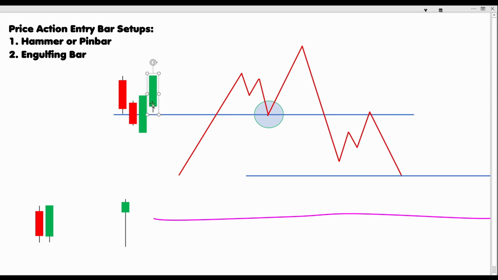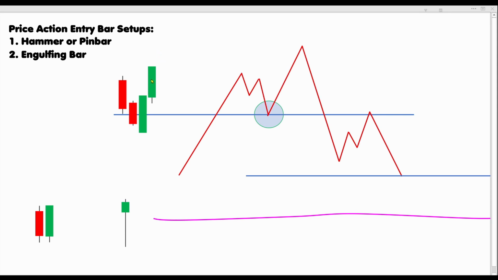And the entry point should be 1 tick above this bar, with a stop market or stop limit order. So I'm going to wait for something like this, my order gets filled, and I go to the upside there.